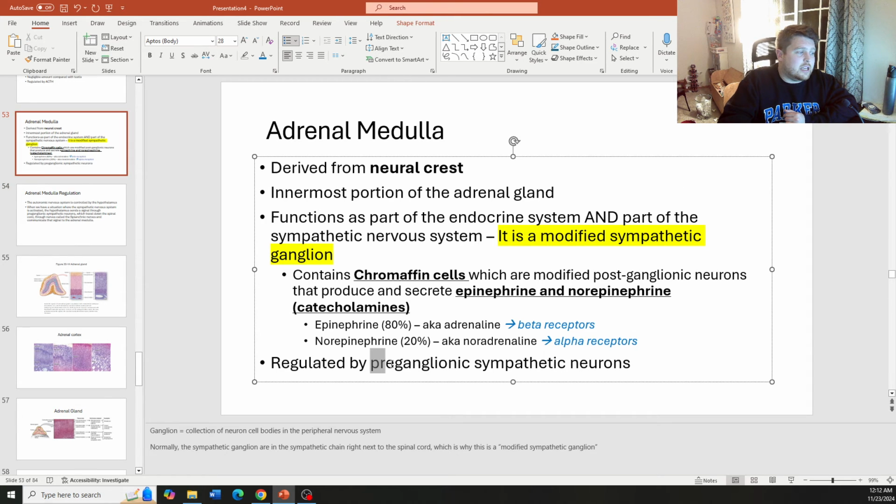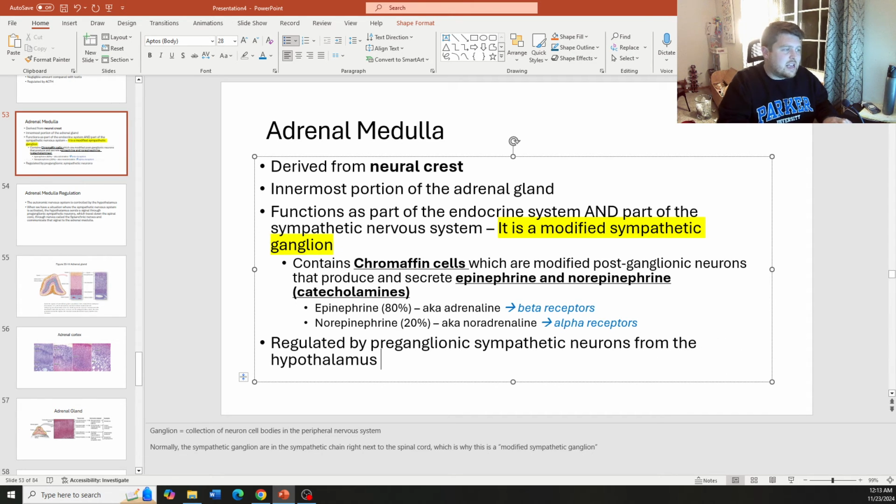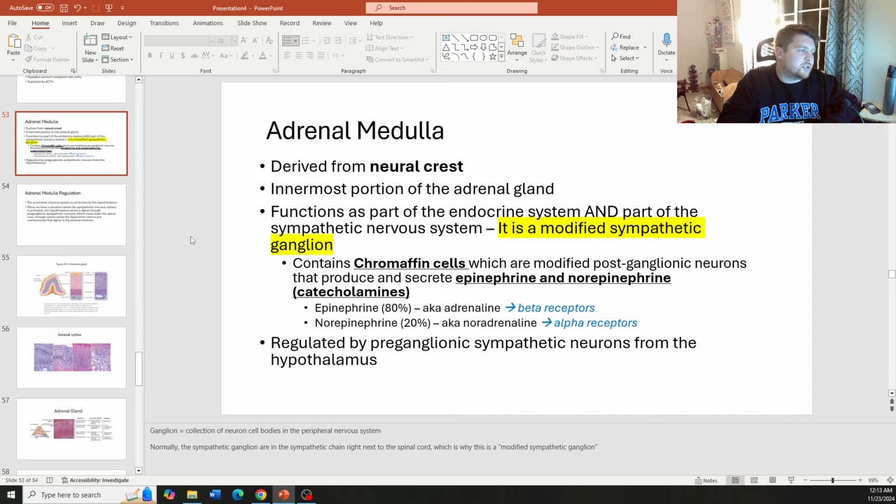So preganglionic sympathetic neurons from the hypothalamus. Imagine a neuron starting in the hypothalamus up here in your brain, running all the way down your spinal cord, and then popping out.